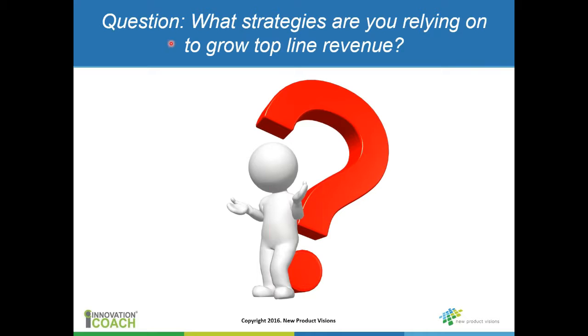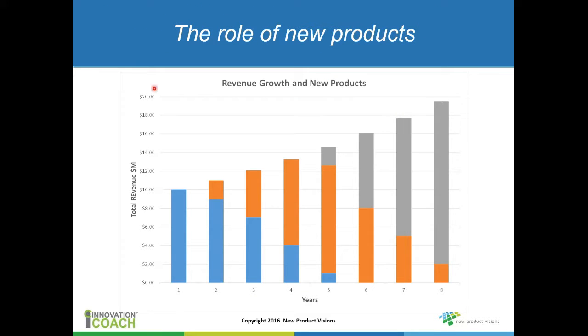But today, what we're going to focus on is looking at new product development as a strategic approach to grow your top line revenue. To illustrate that point, this bar chart represents about a 10% year-on-year growth in total revenue over an 8-year period.